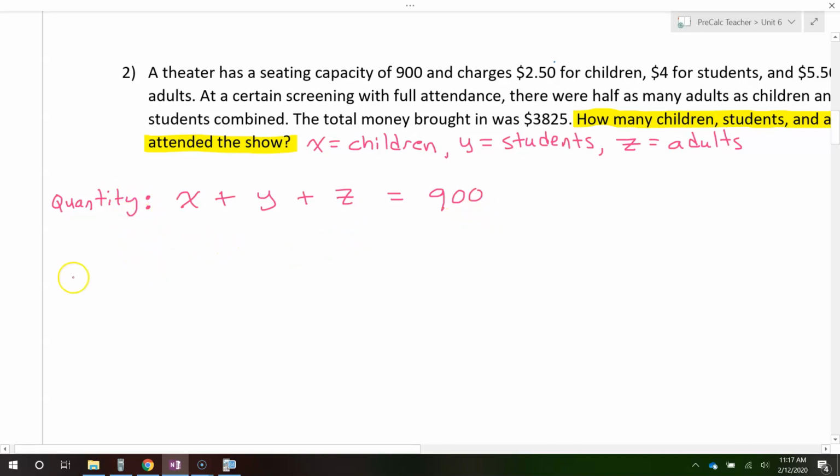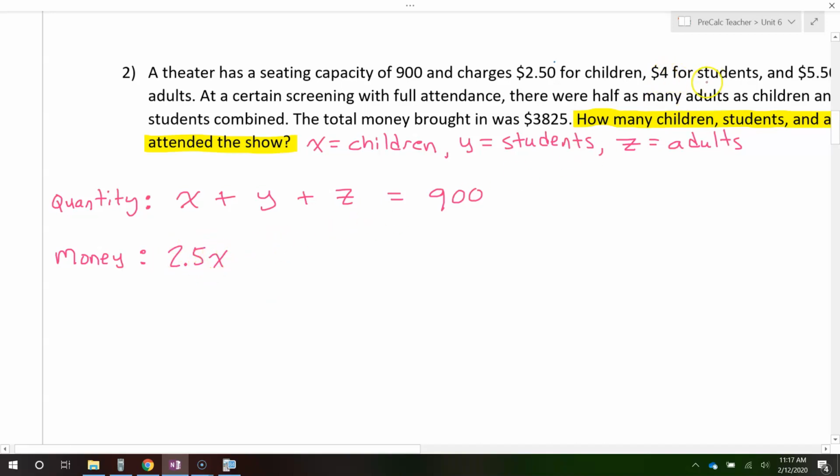Now, next, I think we are going to have a money equation, which is very common. So we have the number of students and children and adults, but now we need to talk about the money raised from children and students and adults. Since we are charging $2.50 per child, the money will be $2.50 times the number of children. That will be the amount of money from child tickets.